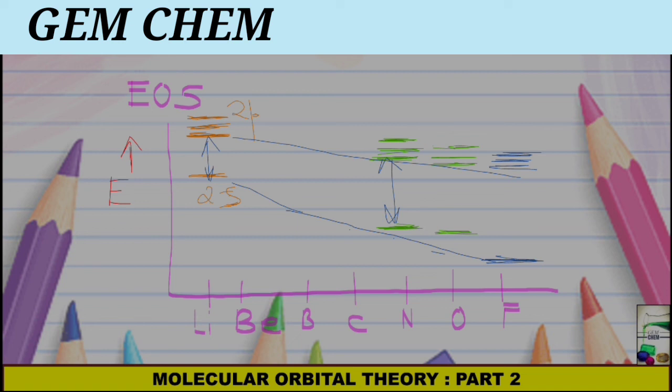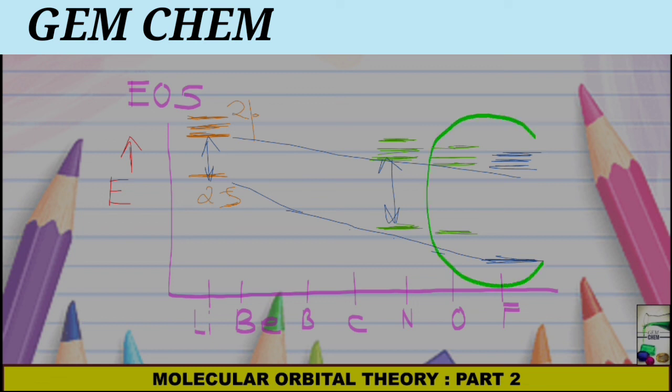Also, since the orbital penetration of 2s is greater than 2p, the extent of decrease in energy of 2s is greater than 2p. It is for this reason that the energy gap between 2s and 2p of O and F is much higher, thereby accounting for the fact that they do not undergo mixing, but others do undergo mixing in their orbital energy.